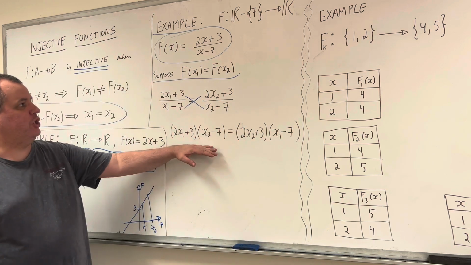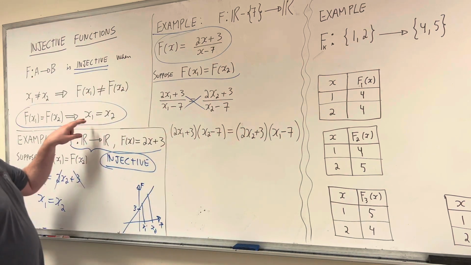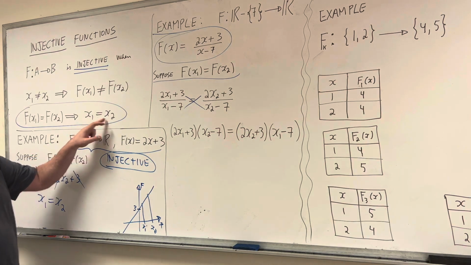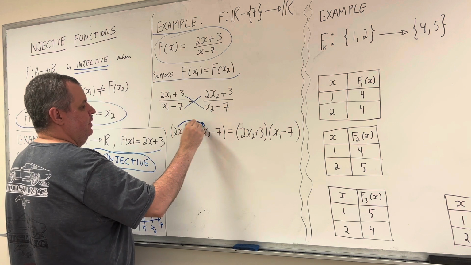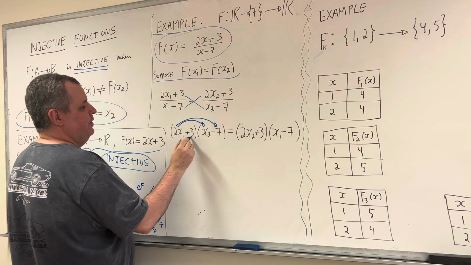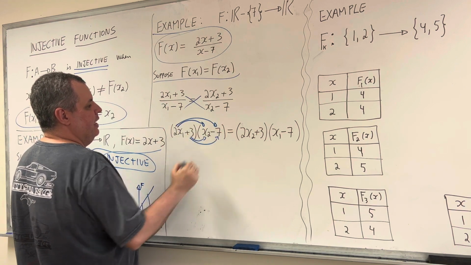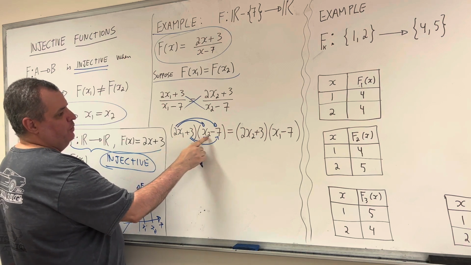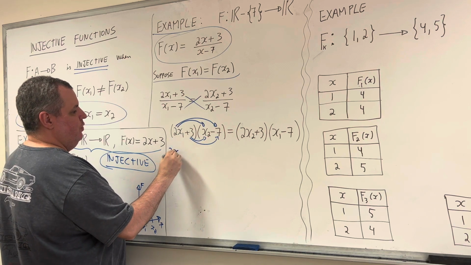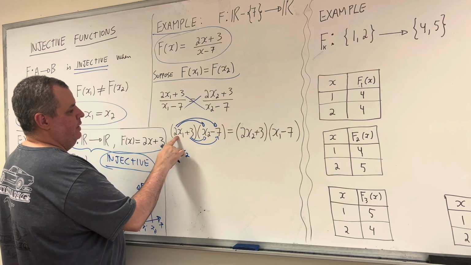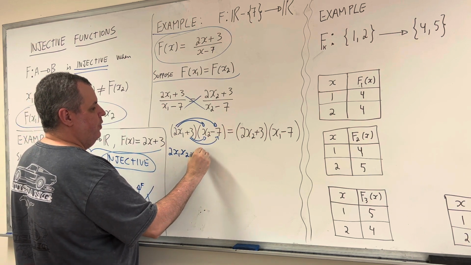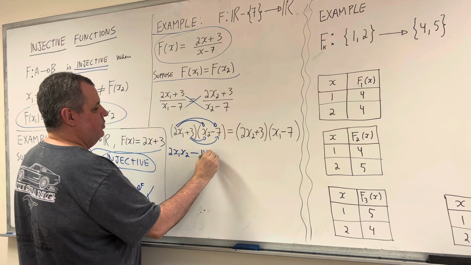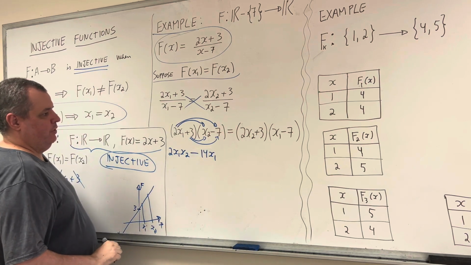And for this equation, I have to show you that x1 equals x2. Let's do that. So I will multiply this by that, then this by that. 2x1 times x2, 2x1x2, then 2x1 times minus 7, it's going to be minus 14x1, okay?